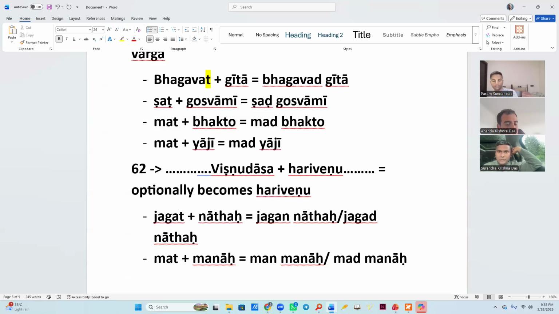So it becomes Na, it becomes Harivenu of its own varga. Okay, so the following Harivenu can be from any varga.